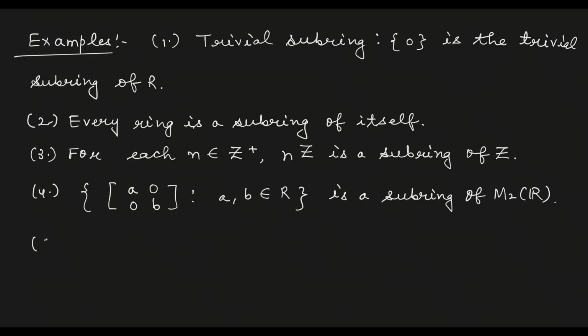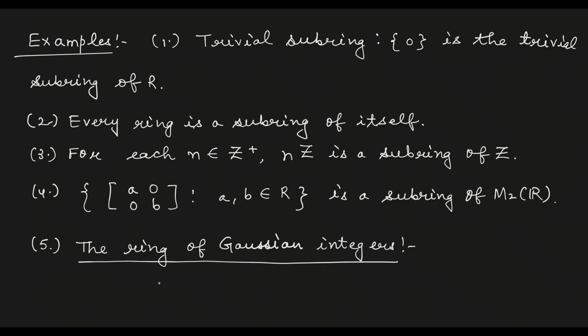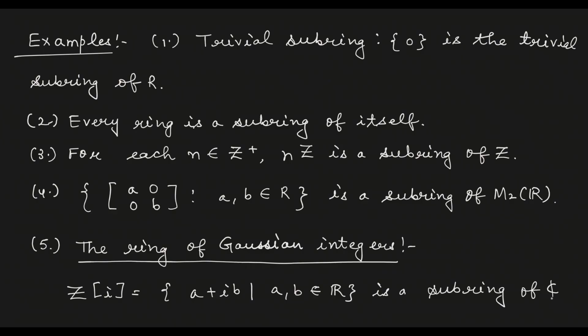Fifth, the ring of Gaussian integers, denoted by Z[i]. The set of a plus ib, such that a, b belongs to integers, is a subring of complex numbers.